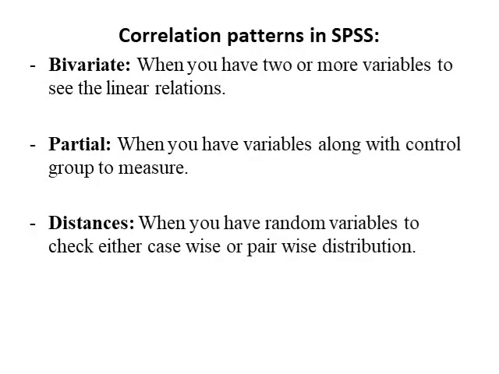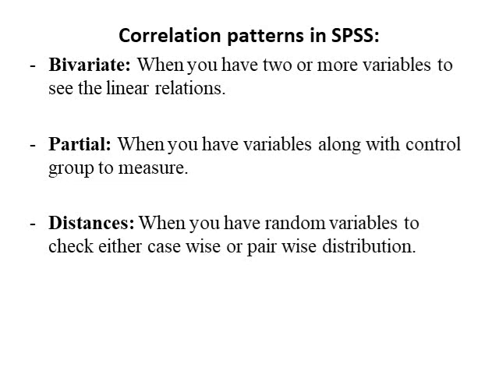Correlation patterns in SPSS. Intentionally I put this slide here because when you go for SPSS test, you will see three types of correlation test appear there. The first one is bivariate. Bivariate means when you have two or more variables to see the linear relationship.